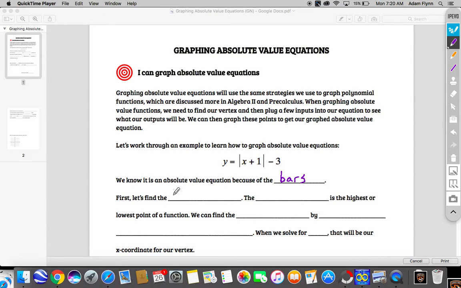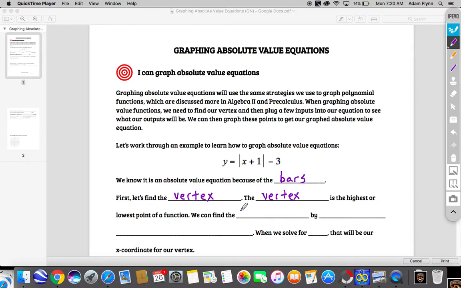So first, as I mentioned above, let's find the vertex. The vertex is the highest or lowest point of a function.